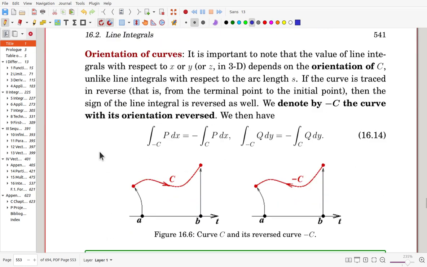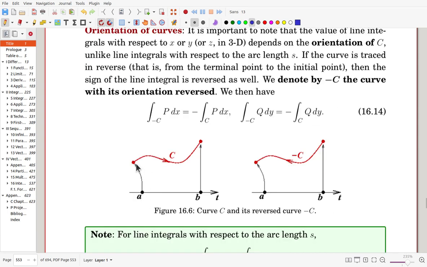Okay, orientation of curves. Once you try to get a line integral with respect to x or y, the orientation is quite important, so we have to consider orientation. For example, a curve is parameterized from A to B. Once it is called C, then you may parameterize the same curve in the opposite direction.